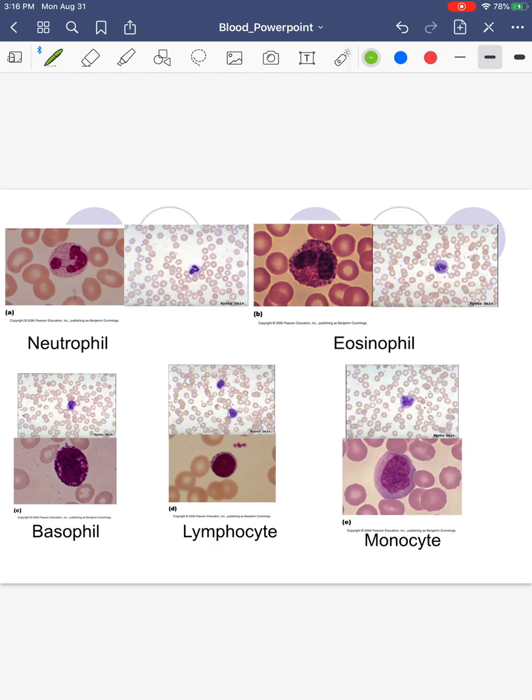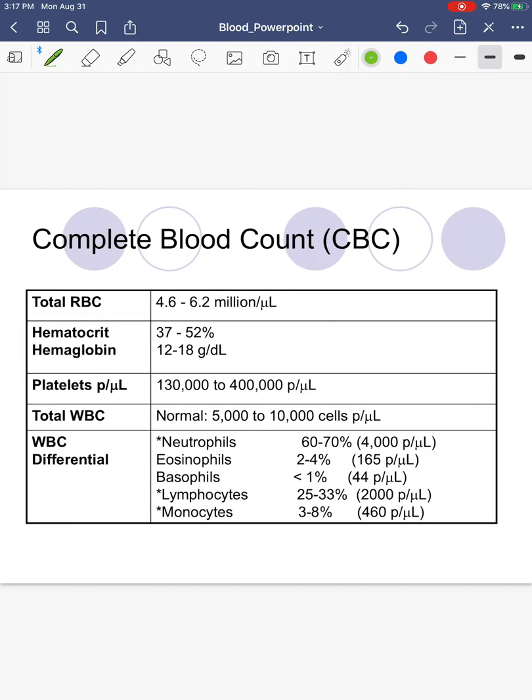You're going to talk about this with Dr. Mastrangelo in lecture, but the lab is more hands-on, so here we're going to focus on what they look like. For your first lab quiz, you'll see a picture, and you're going to have to know which of the 5 types of white blood cells it is.